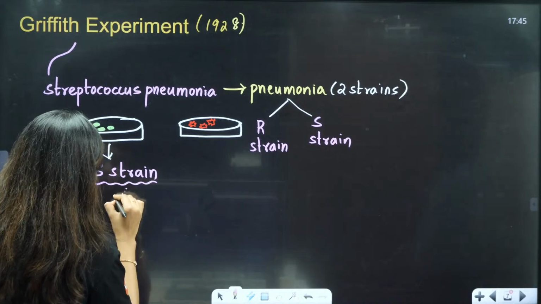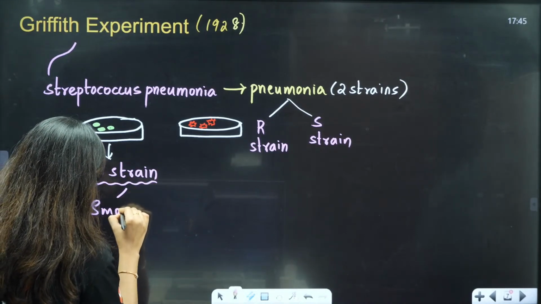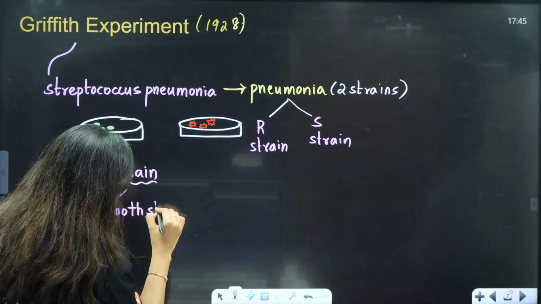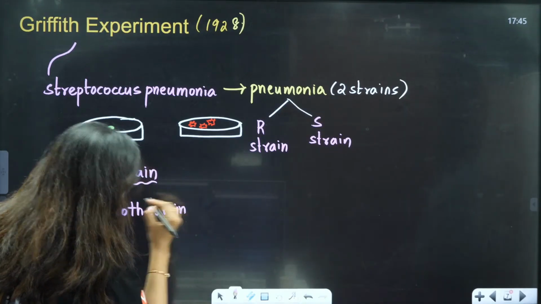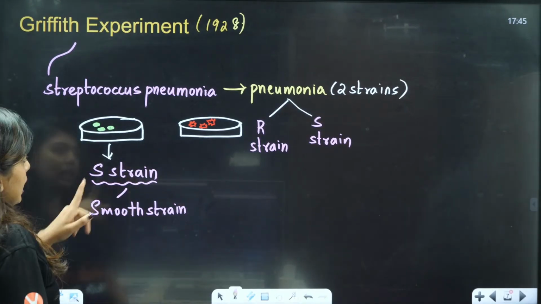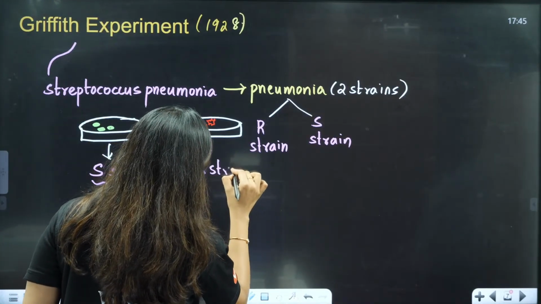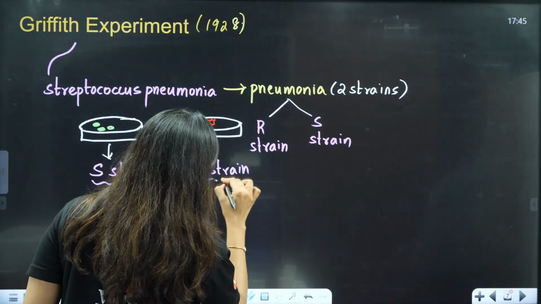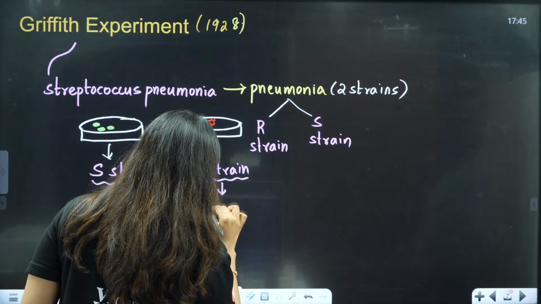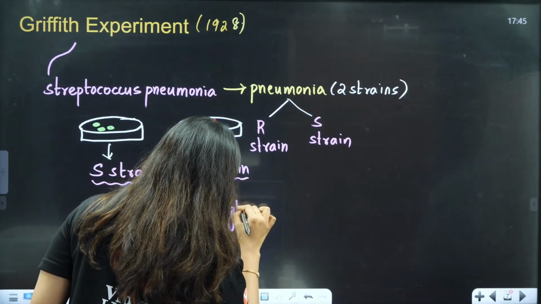S strain is called the smooth strain. This one, R strain, is called the rough strain.